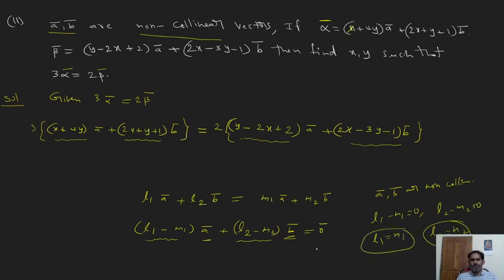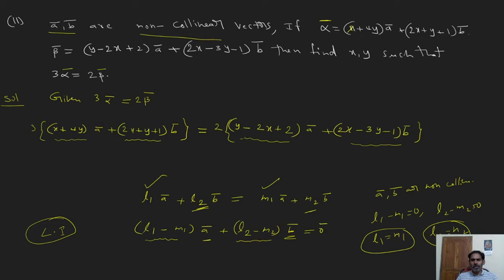This is our cause. So we are equating here, finally L1 equal to M1, similarly L2 equal to M2. Why? The cause is A bar, B bar are non-collinear vectors. Non-collinear vectors are linearly independent. Linearly independent means each term must be 0.